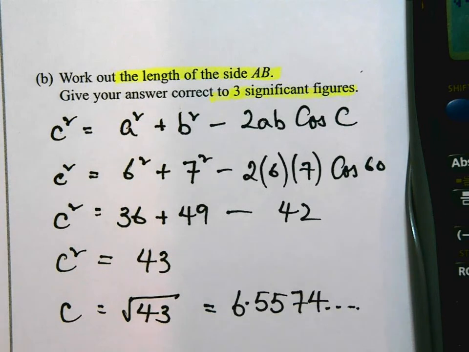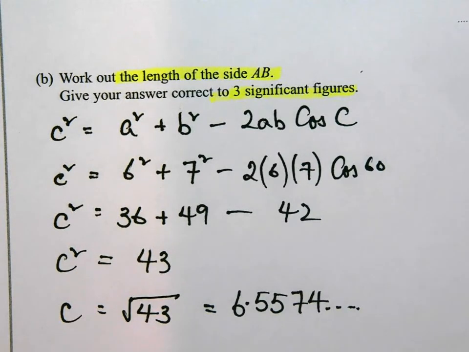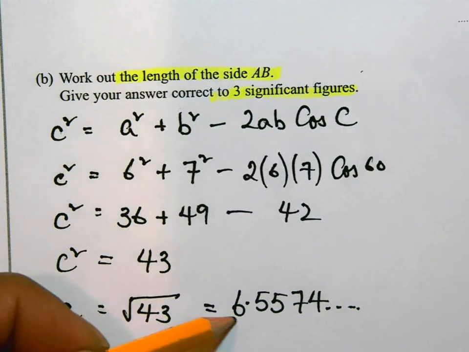Now I need to round that to 3 significant figures. Starting from the front, count 3 numbers, 1, 2, 3. I'm going to draw my line here.